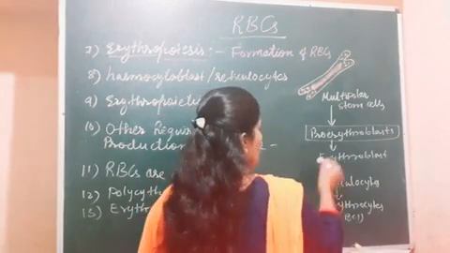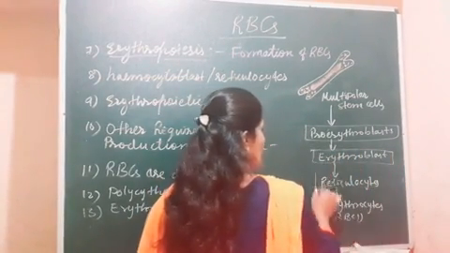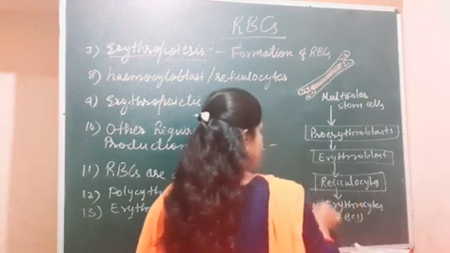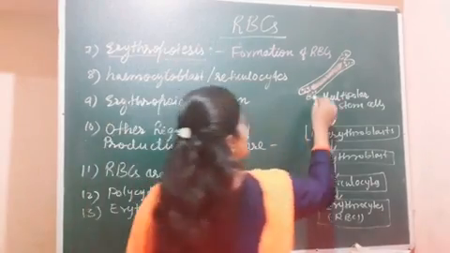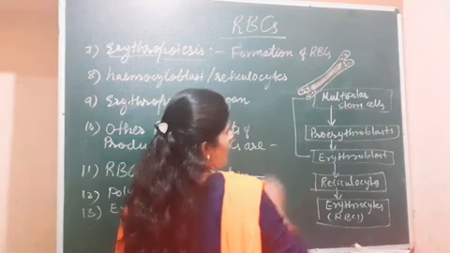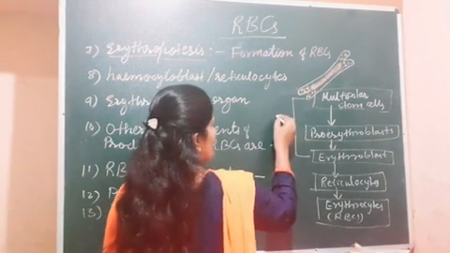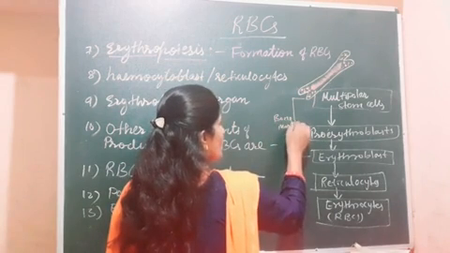Proerythroblast to erythroblast. Erythroblast to reticulocytes. Reticulocytes to erythrocytes. These are the stages. These three stages occur in the bone marrow.